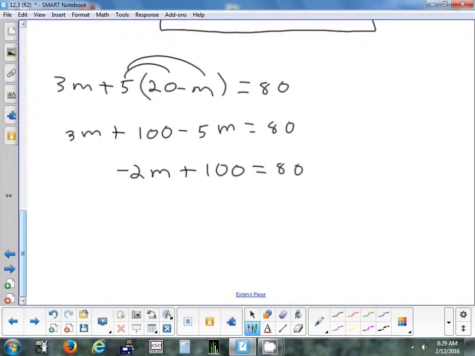Two steps left to get m by itself. Kevin? Good job. You're going to subtract 100. 100 minus 100, that's gone. And what's 80 minus 100? Negative 20.